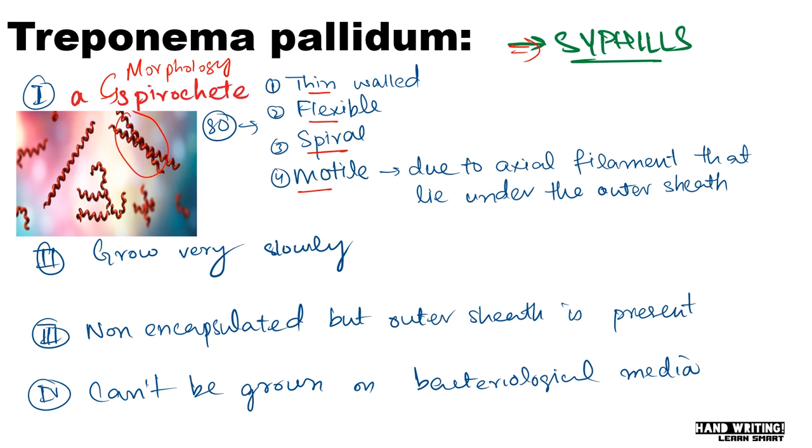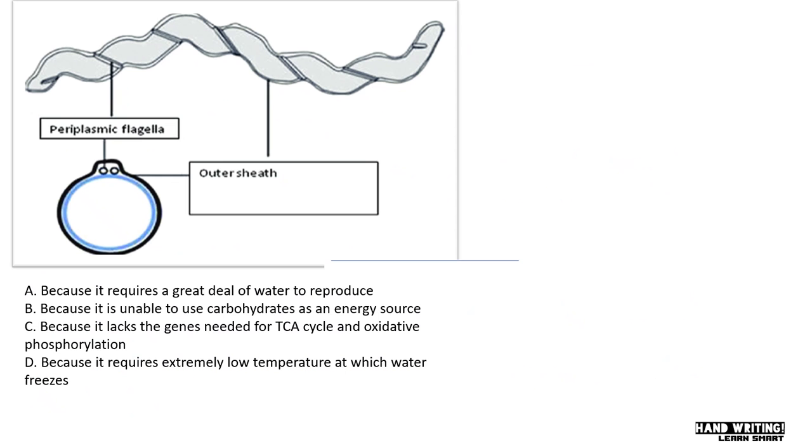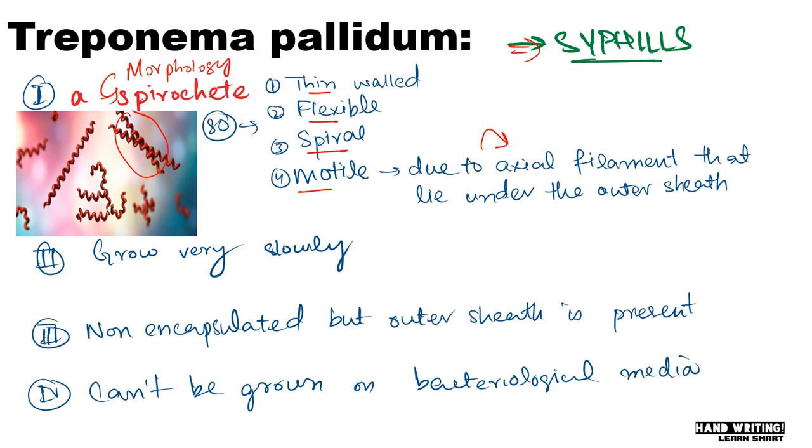The next point is that it is motile, meaning that it can move, and this is due to the axial filament, also called periplasmic flagella. As you can see in this slide, the periplasmic flagella lie under the outer sheath. This is the outer sheath, and this is the axial filament or periplasmic flagella, and due to these periplasmic flagella, Treponema pallidum moves.